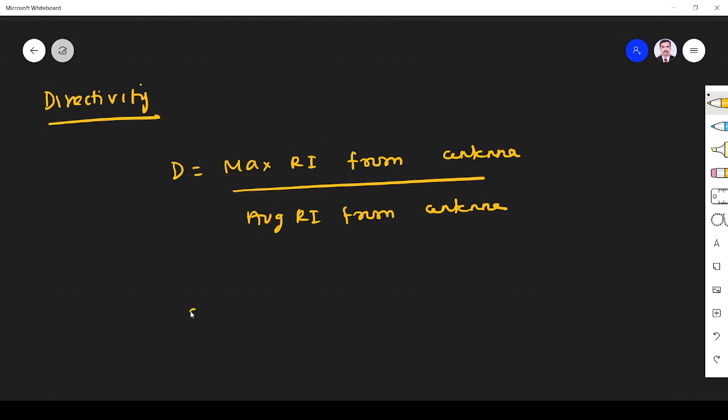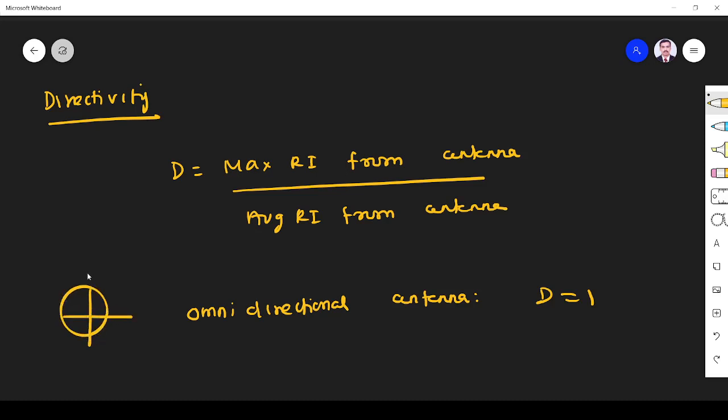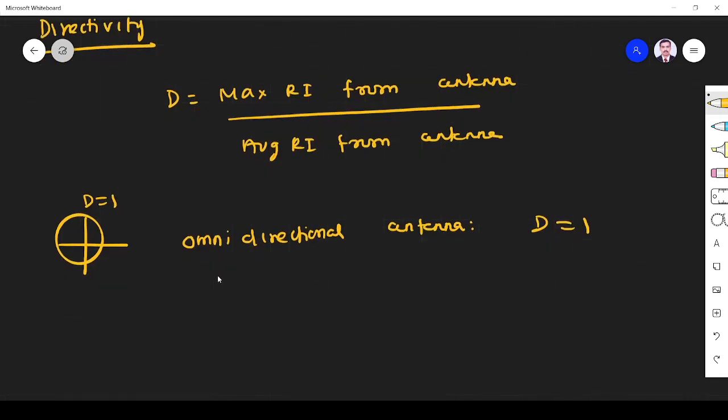For an omnidirectional antenna, the directivity is 1, the least value. What is an omnidirectional antenna? The antenna which radiates in all directions. This radiation pattern has a directivity of 1. It is radiating in all directions, so it has the least directivity.